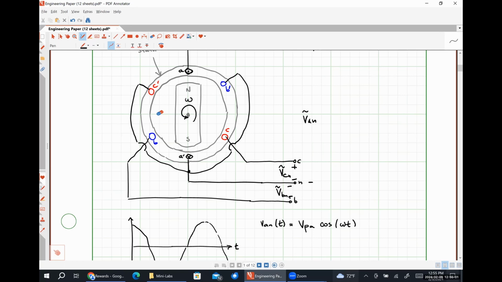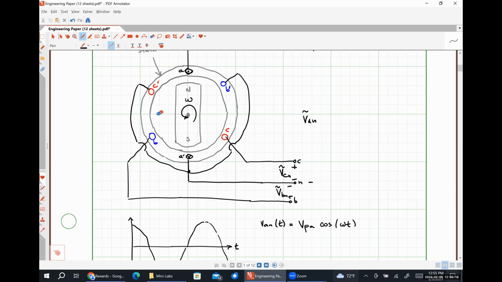Okay. So let's talk about that here really briefly, right? So effectively what's happening is that we have a magnetic field that's constantly rotating among all of these coils, right?